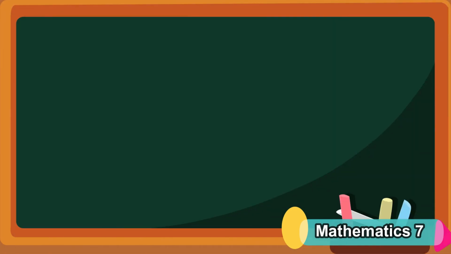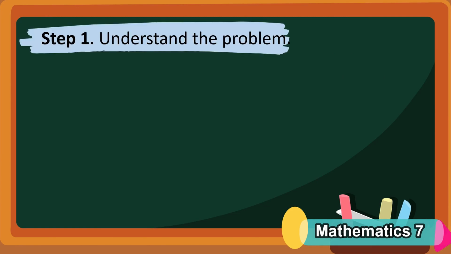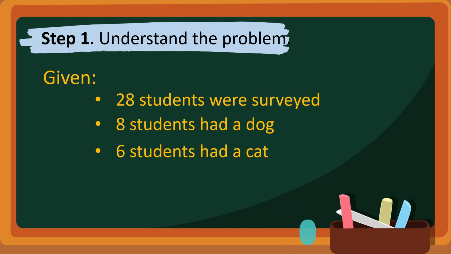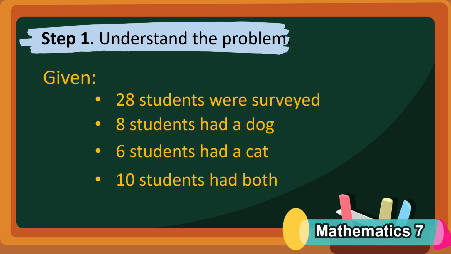Let's work on the problem step by step. Step number 1. Understand the problem. 28 students were surveyed. 8 students had a dog. 6 students had a cat. 10 students had both. 4 had neither of the pets.